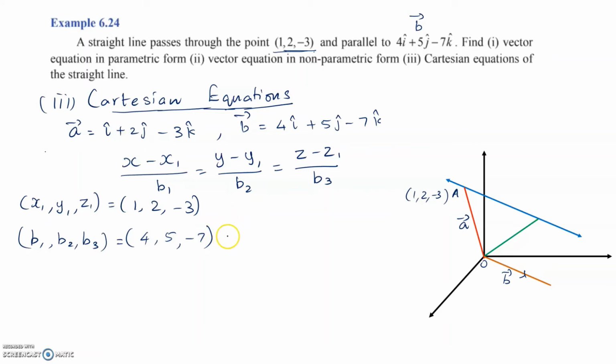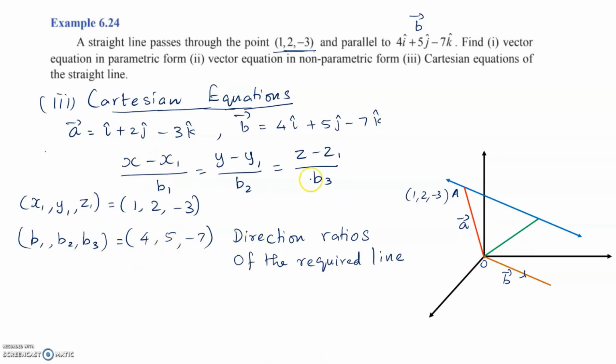Also, they are the direction ratios for the required line. Since the line is parallel to vector B, these will be the direction ratios.